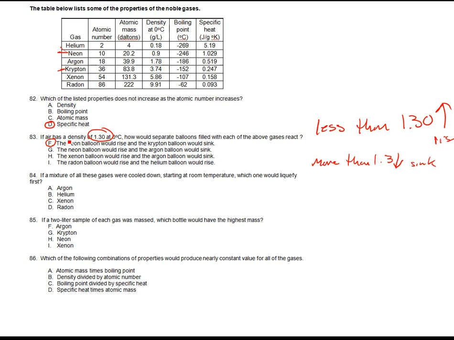If a mixture of all these gases were cooled, starting at room temperature, which one would liquefy first? All right, so we're going from room temperature, we're going down. So that's about 20 degrees Celsius, and we're going to cool it. All these are gases. We're going to cool the air until they come out.